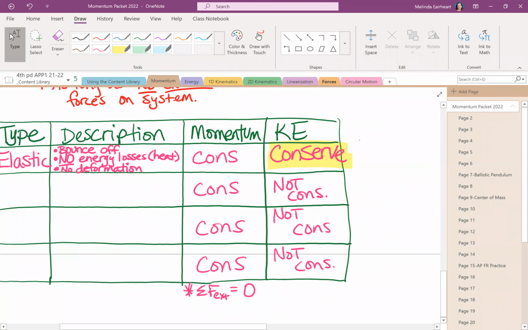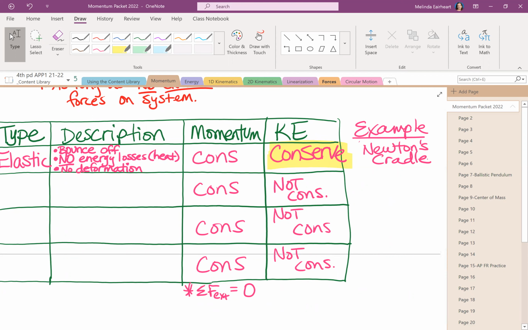But anyway, your elastic collision, your best example of this, and maybe I put this in a 5th type column, an example would be something called a Newton's cradle. Who knows what a Newton's cradle is? What is it? Well, there's these 4 balls that are swinging.